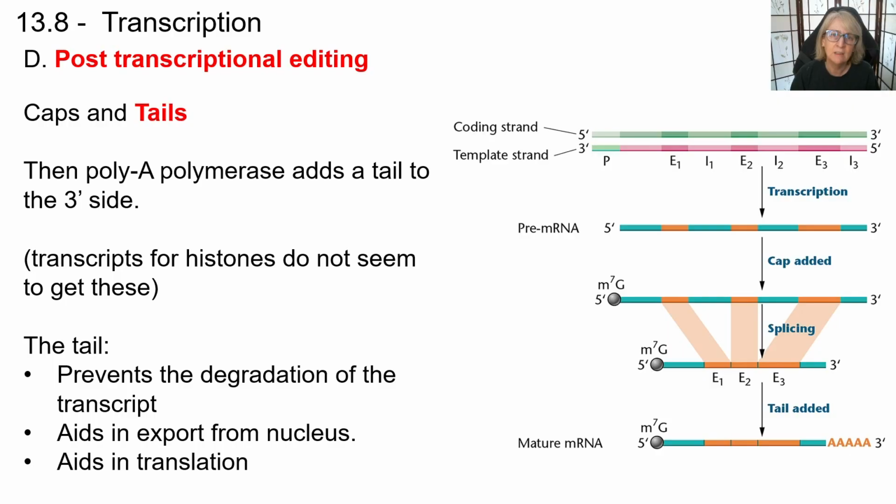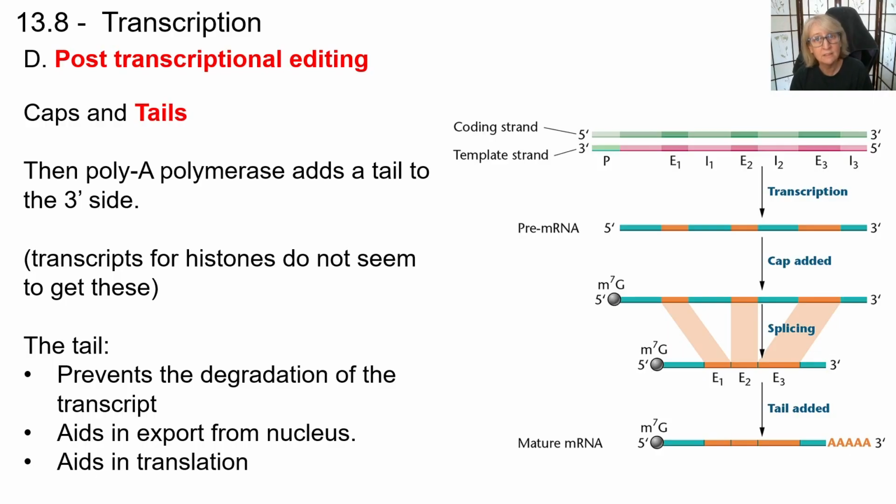What will happen is, if your cell decides halfway through the process of adding those A's that you don't need this transcript anymore, it will stop adding those poly A's, and the cell's nuclear material will recognize that as not finished, and it will degrade it and break it down. So you kind of have options when you produce mRNA, that you don't have to keep producing it and wasting energy if you don't need it anymore.